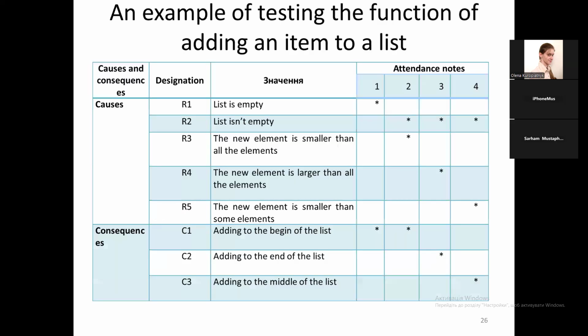And now I propose to consider an example for better understanding of this method. As an example, I have a function of adding an item to a list. I remind you there are a lot of data structures, and the list is one of the widespread data structures for saving elements one after another in RAM.